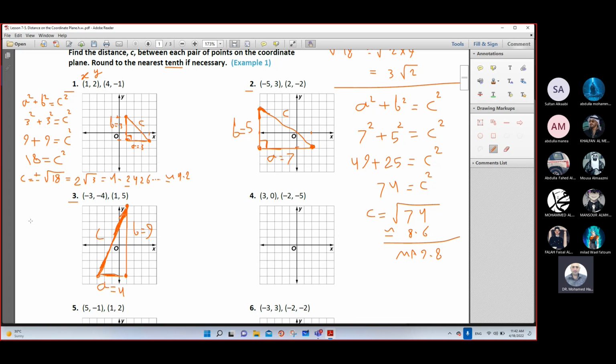Who has a different answer? Mister, 9.8. The same. Also me, Ustad, 9.8. Okay, so Sultan.